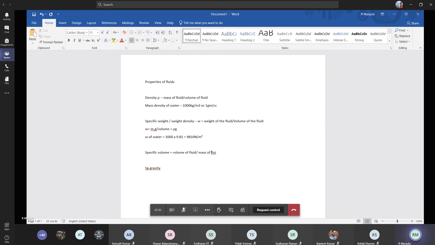It can also be expressed as 1 divided by rho.